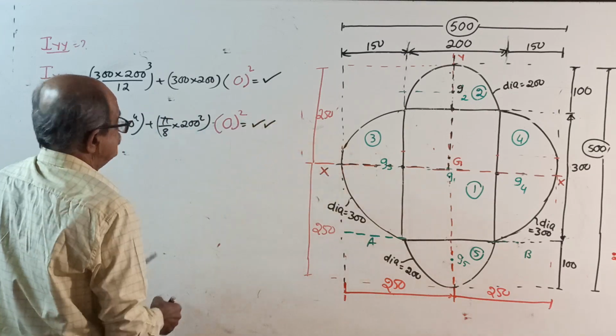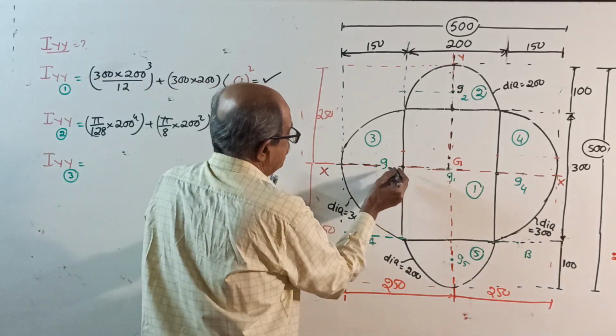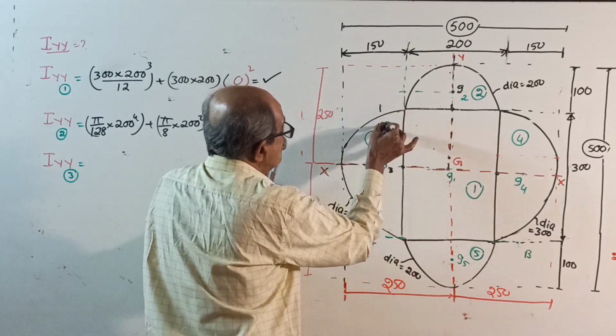Let it be double right. IYY for 3. Here, this is your 3. Partially rubbed out. First, I about its own centroidal axis here.